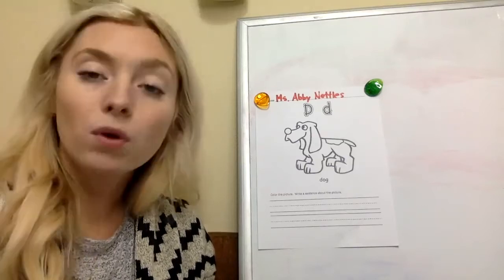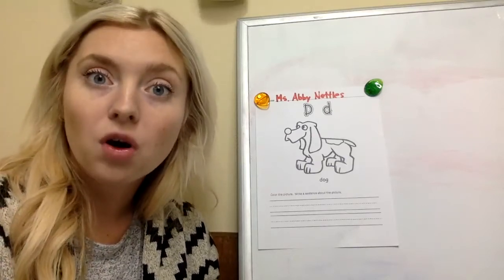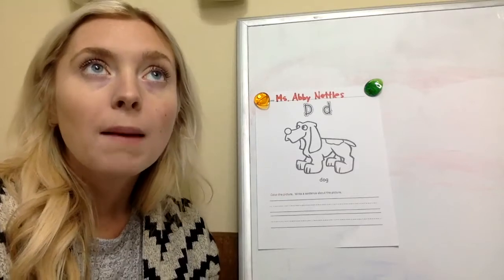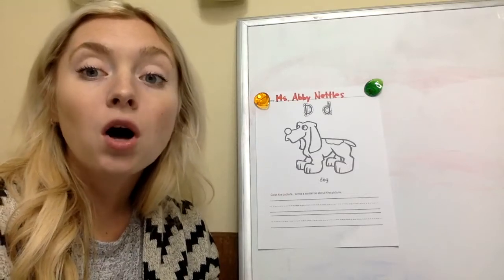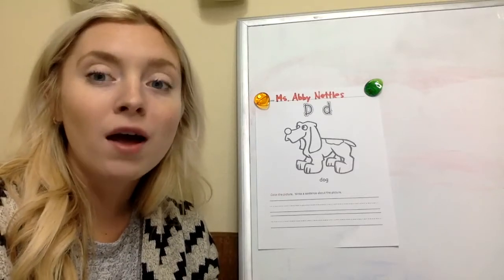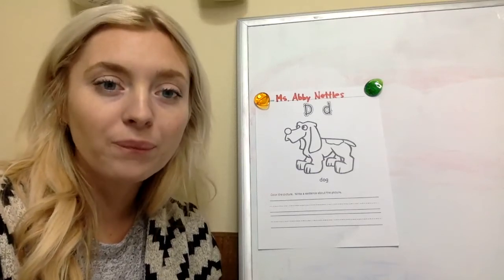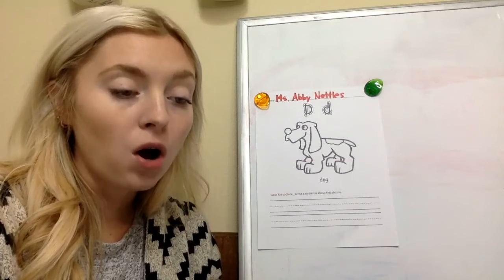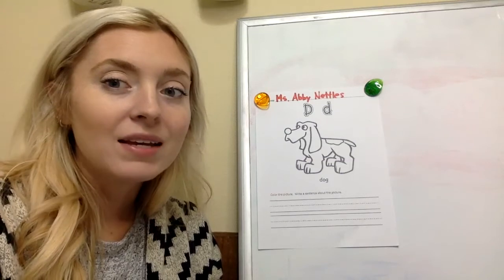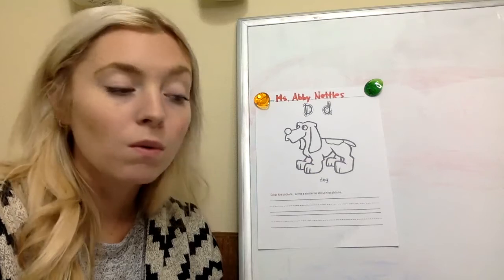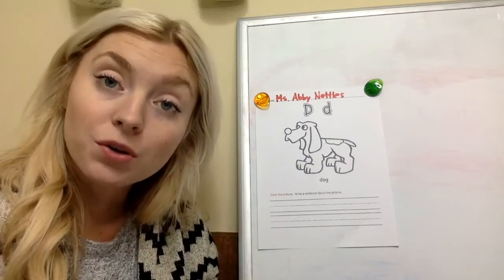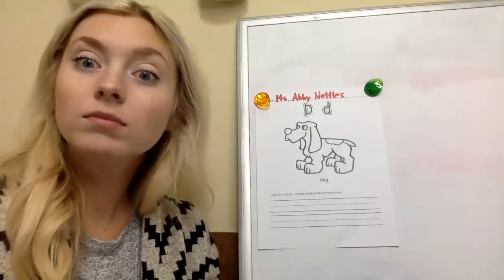I think I want to write something that the dog can do. Maybe I want to write the dog can run really fast. Or the dog is soft. Or do you see the dog?